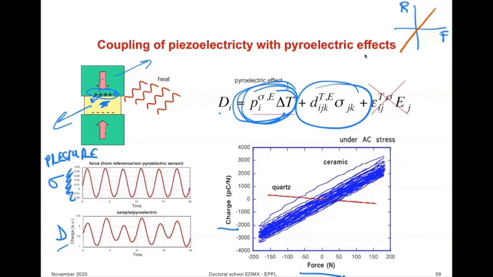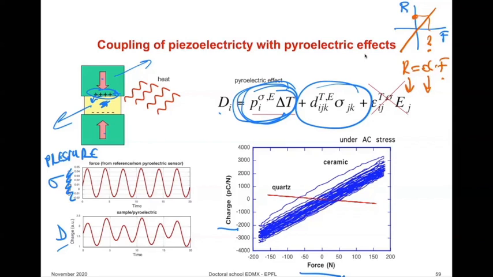And this is a big problem if we want to use this material as a sensor. And so what do we do? We know the piezoelectric coefficient. We apply an unknown force, we measure the response, in this case charge, and from this relationship we can calculate force.